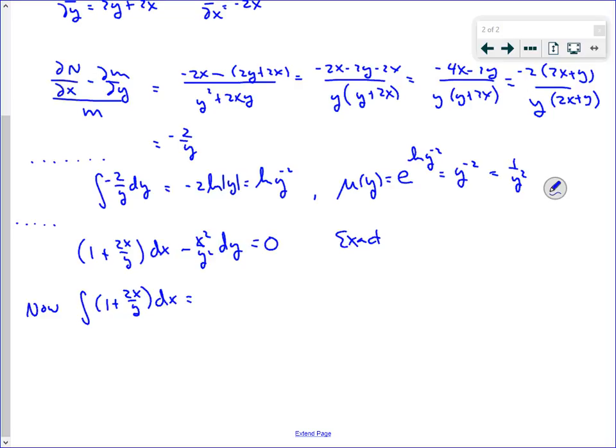This gives us an x plus, this is going to be x squared over y, because we're integrating with respect to x, so that y is just a constant. And then we pick up some sort of constant term. I think we were calling that g of y or something. Because if we go backwards and differentiate with respect to x, everything that had a y would go away.